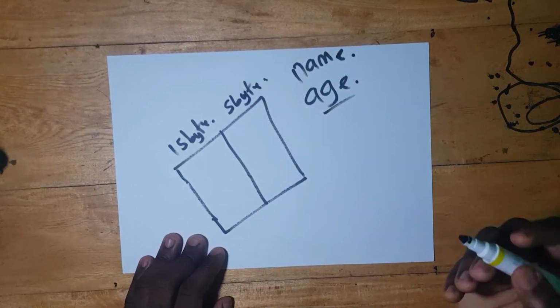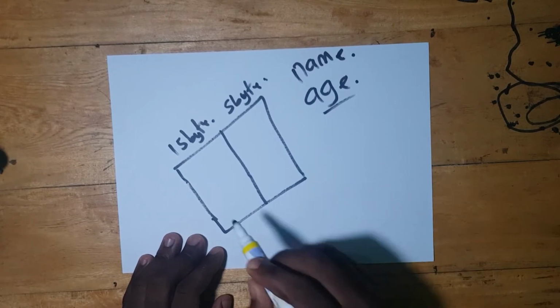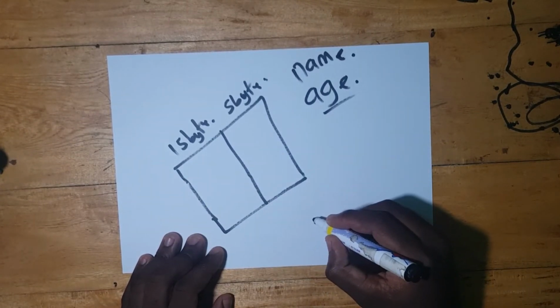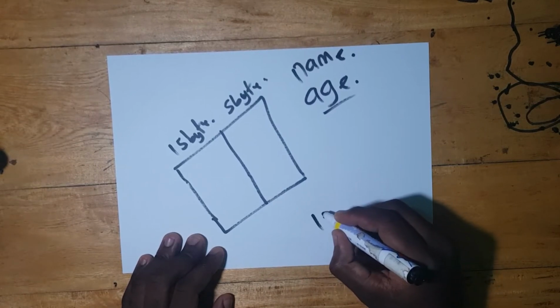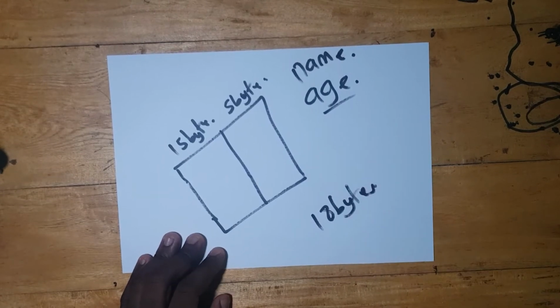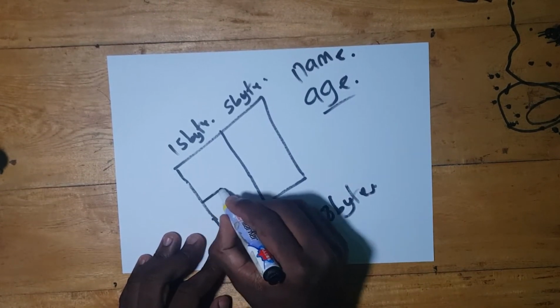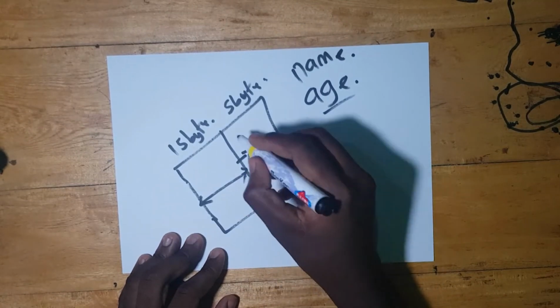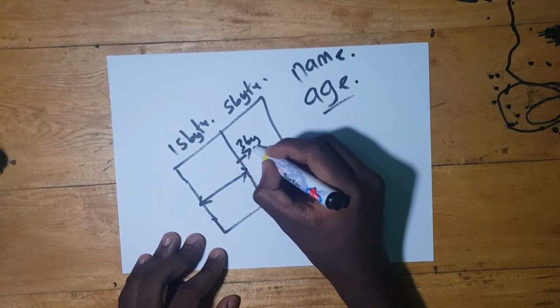You see, if a user supplies a name that is larger than 15 bytes, let's say 18 bytes, then it means that name is going to fill this space and overflow to the adjacent space by how many bytes? By 3 bytes.